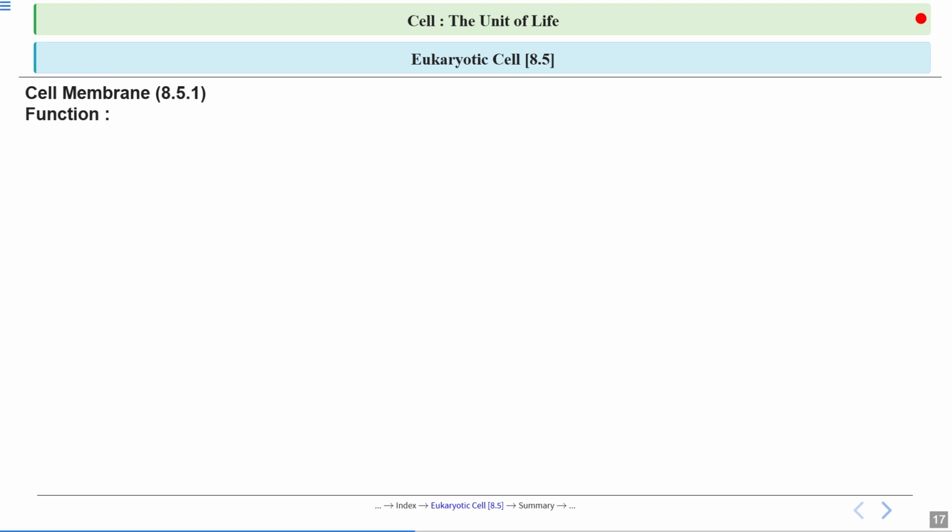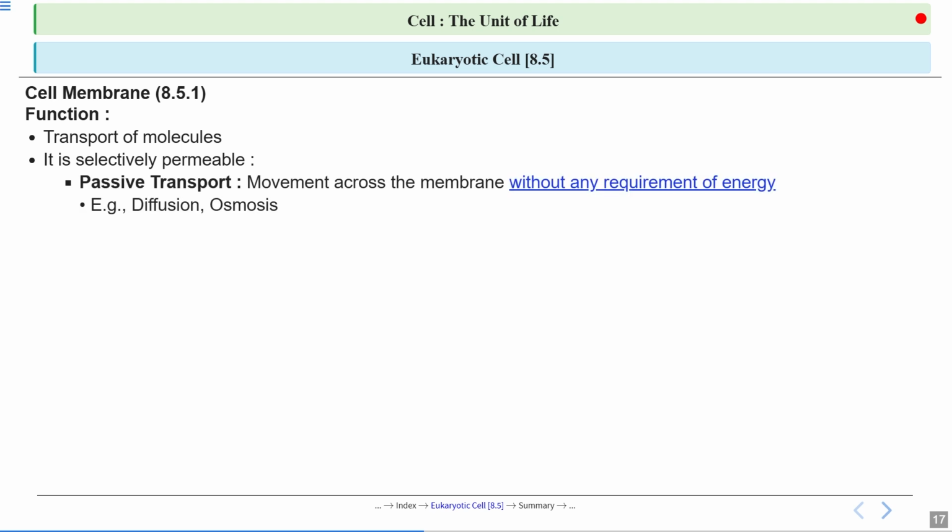Now the functions of the cell membrane, also known as the plasma membrane. First is the transport of molecules. It is selectively permeable, meaning it will allow the entry of only certain molecules inside the cell. Now this transport can be passive or active.